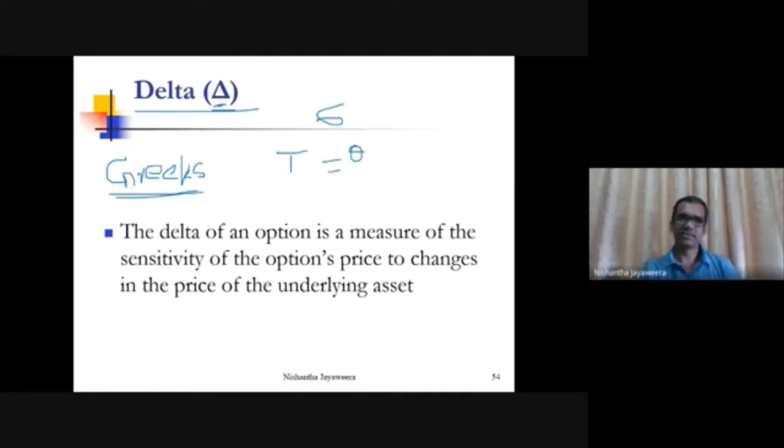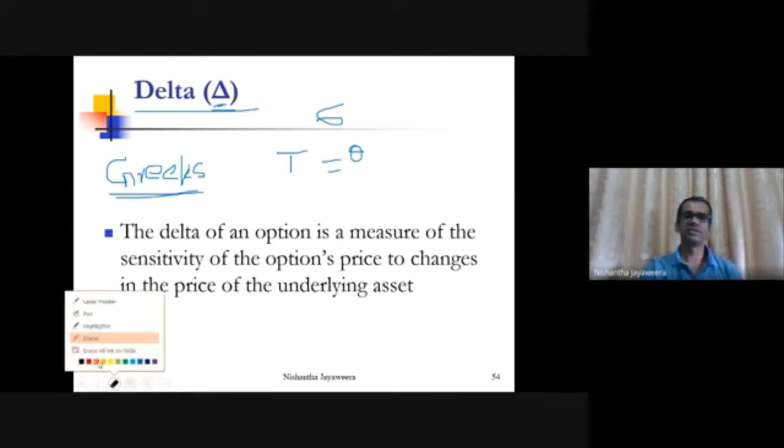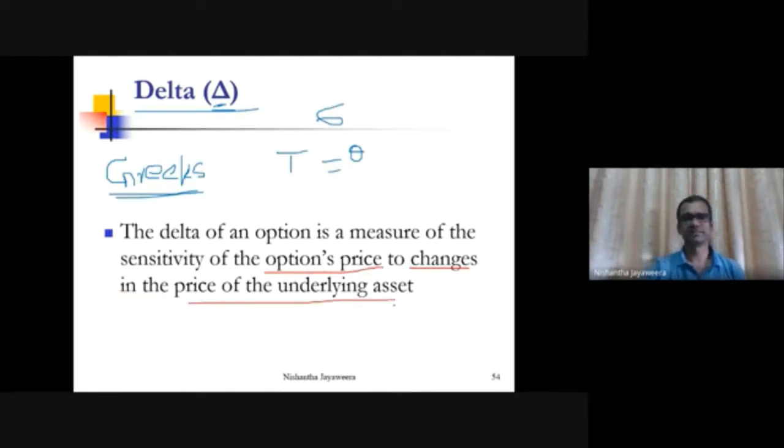The first thing is delta, which measures the sensitivity of the option price to changes in the price of the underlying asset.